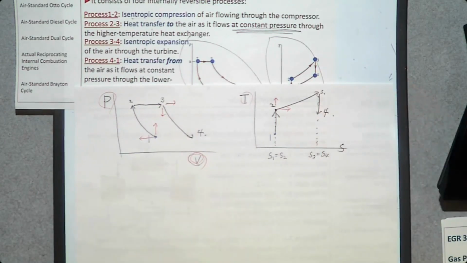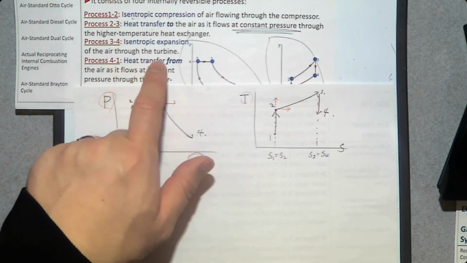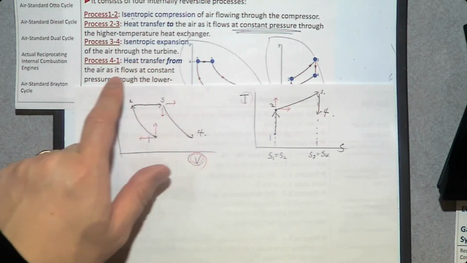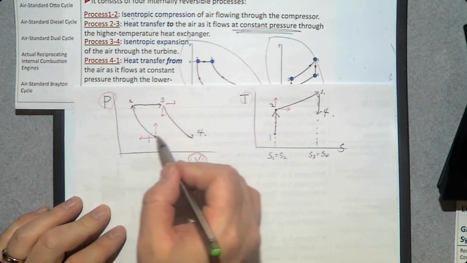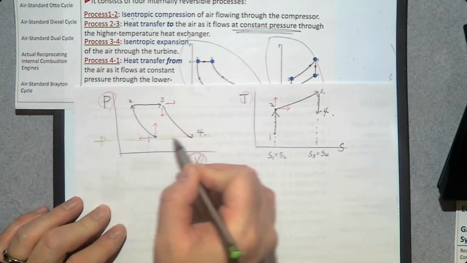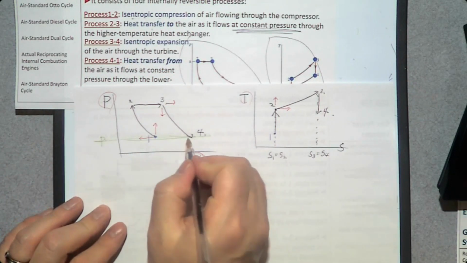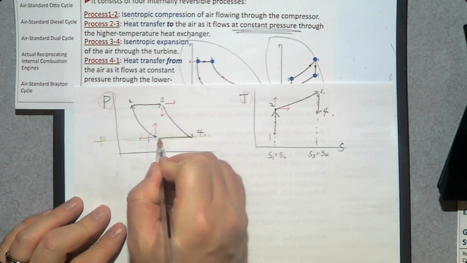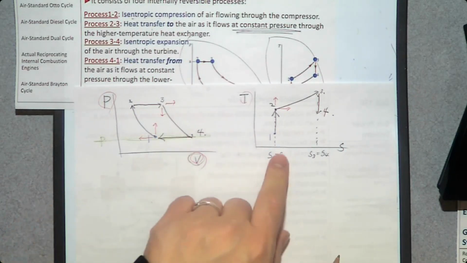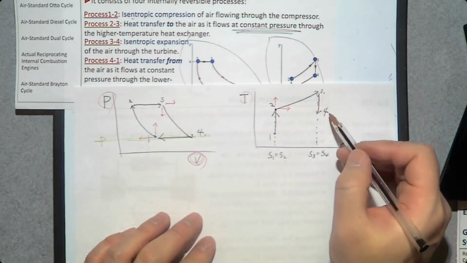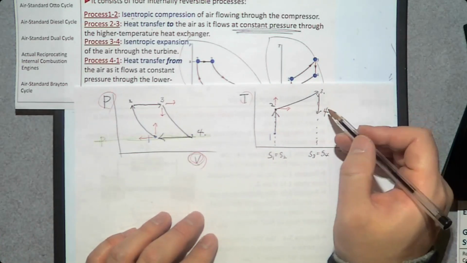Number 4. And finally, the cycle is completed by heat rejection at constant pressure. So constant pressure, heat rejection. Pressure remains constant. So heat is removed, so volume goes down. And what about here? It's a constant pressure, heat rejection.